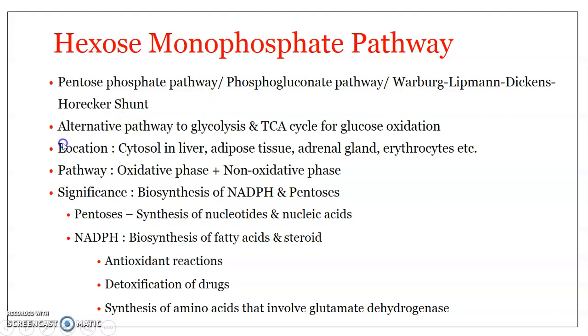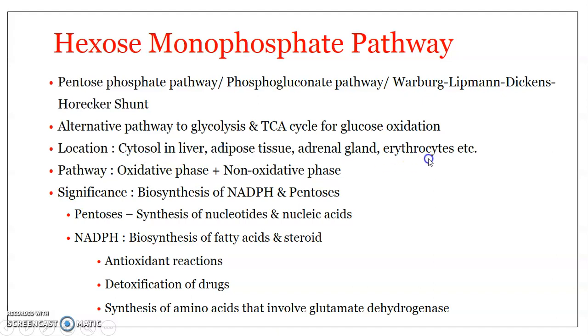Now, the pentose phosphate pathway is considered to be an alternative pathway to direct glucose oxidation. That is, it is an alternative pathway to glycolysis and the TCA cycle for glucose oxidation. It occurs in the cytoplasm, in liver, adipose tissue, the adrenal cortex.